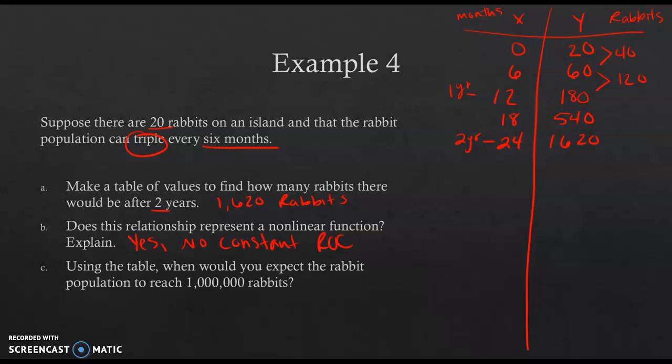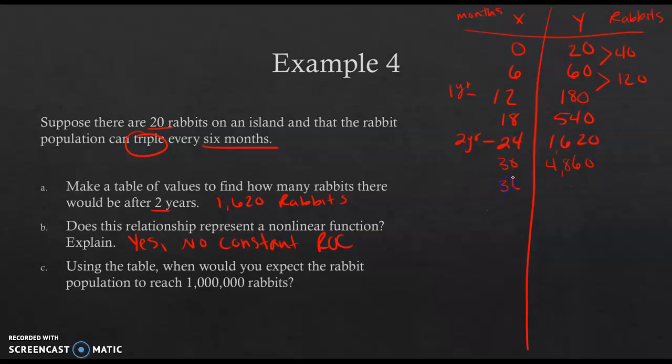All right, so now using the table, when would we expect the rabbit population to reach 1 million rabbits? All right, so we're going to keep going. At 30 months, when I take this times 3, and yes, I've already done all this math, we get 4,860.